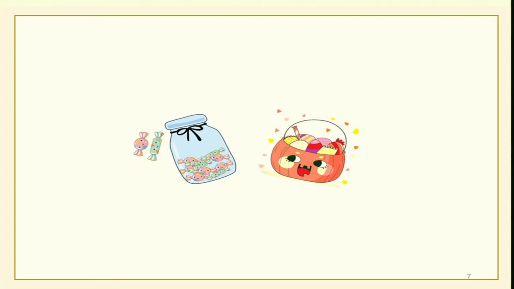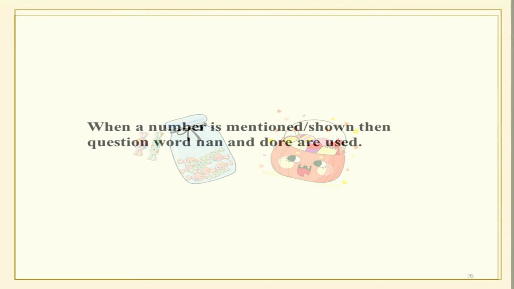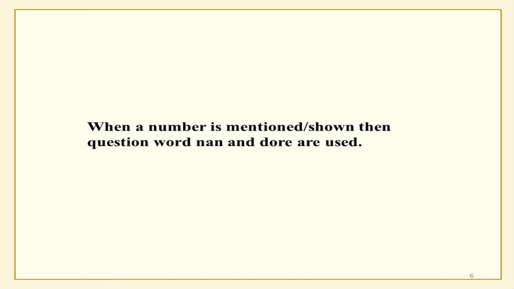So, at a certain place or inside something, a certain number or amount can be seen or shown, and thus what are we going to use? We are going to use dore and nani. Now, this sounds very, very confusing.